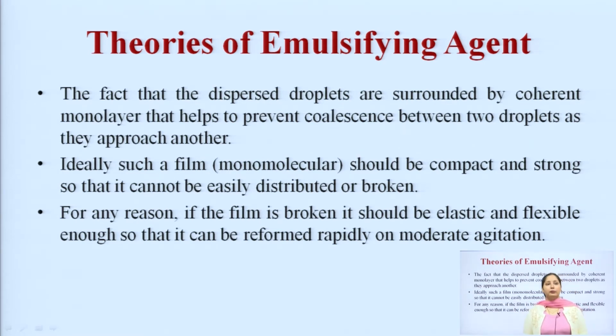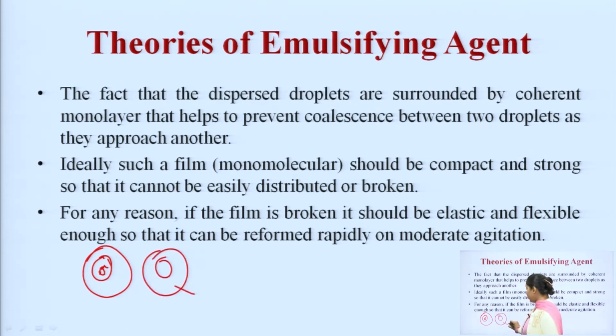Ideally, such a film should be compact and strong, so it cannot be easily disturbed or broken. So, we all know that when we are preparing the emulsion, we add an emulsifying agent. That emulsifying agent is going to surround the globules of the dispersed phase and thereby prevent the collision between the two globules.